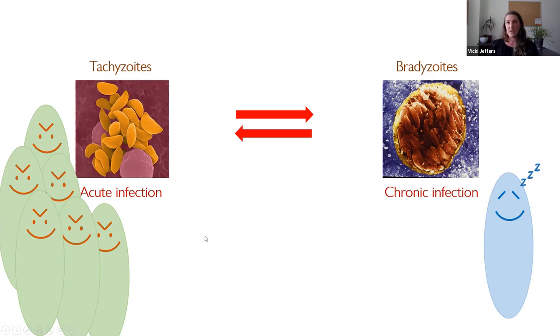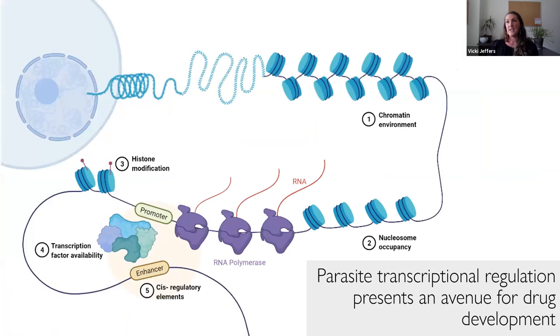So my lab's really interested in studying how this process occurs. One of the aspects of control that we're really interested in is regulation of gene expression. Toxo, as a eukaryotic organism, has a very similar pathway for regulation of gene expression to what we have in our own cells. We certainly have a similar chromatin structure.